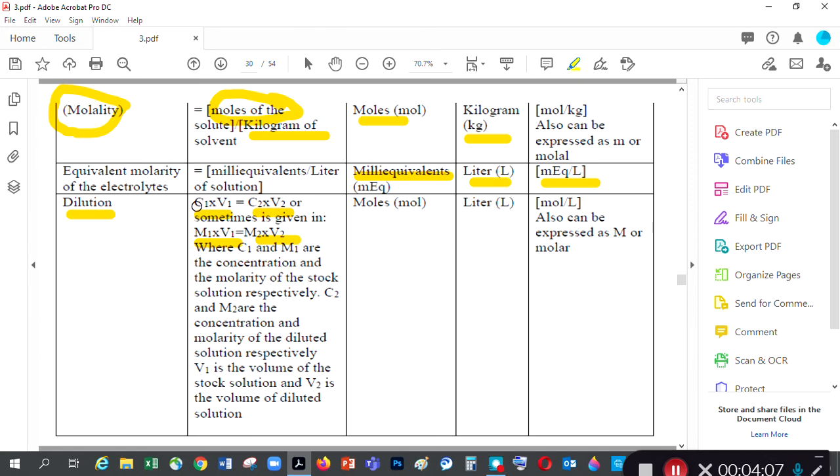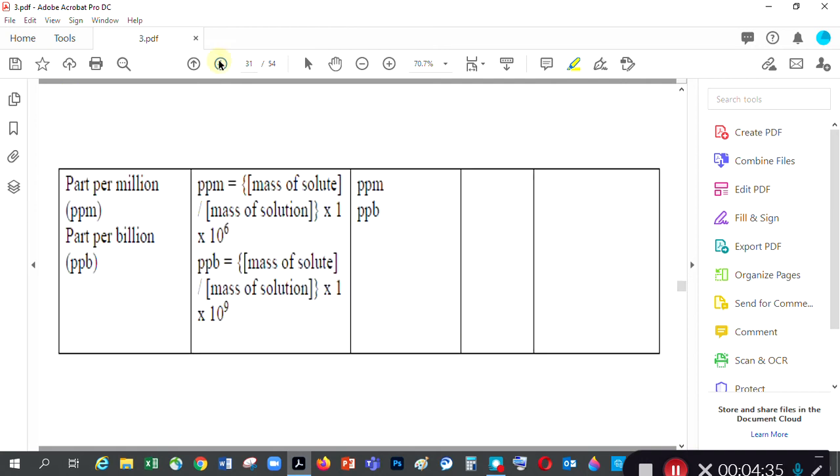So C1 and M1 are the stock concentration or molarity of the solution. So that's what this dilution is all about. And the concentration or the molarity is in mole per liter, correct? Solute is moles, and the solution in liters, moles per liter. Let's go further and look.